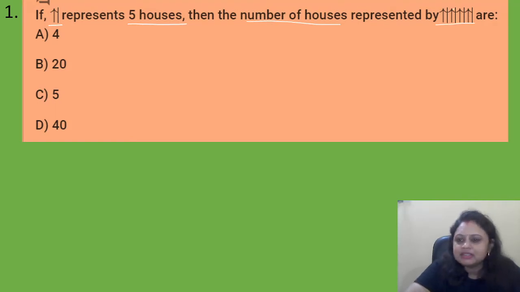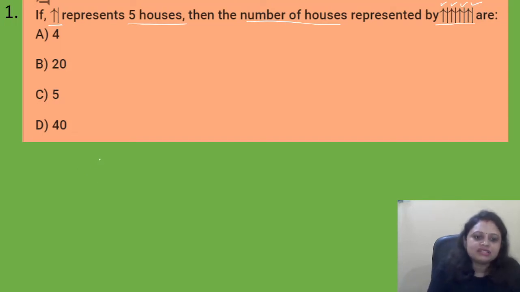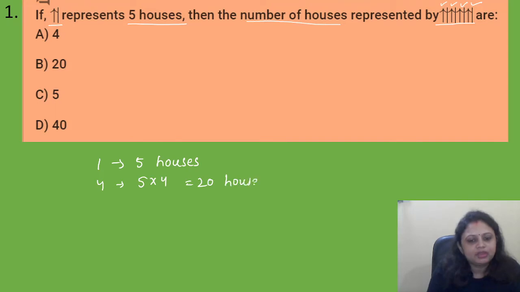So how many signs are there? 1, 2, 3, 4. For one sign it represents 5 houses, and for 4 such symbols, 5 into 4, that is equal to 20 houses. So what is the correct answer? That is option B, 20.